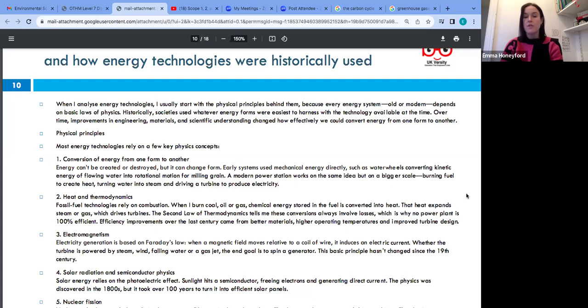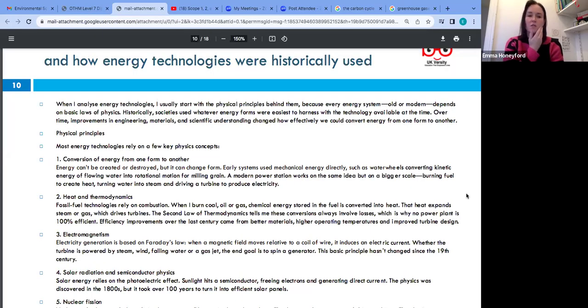Efficiency improvements over the last century come from better materials. We have got better over time in terms of energy efficiency, but we can do better. This has happened through better materials, higher operating temperatures and improved turbine design.